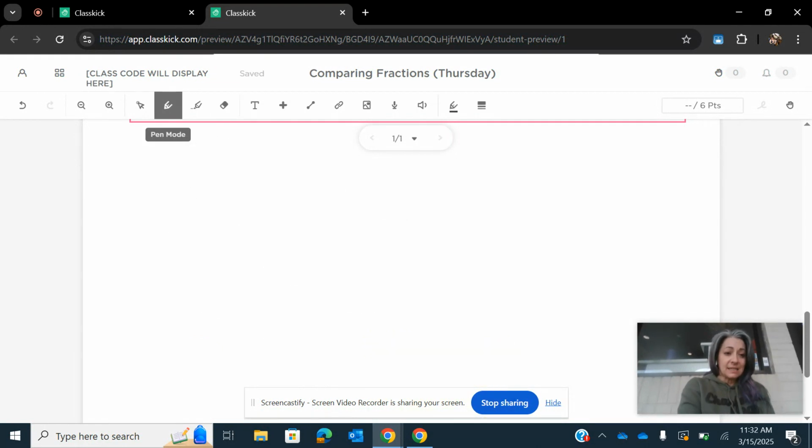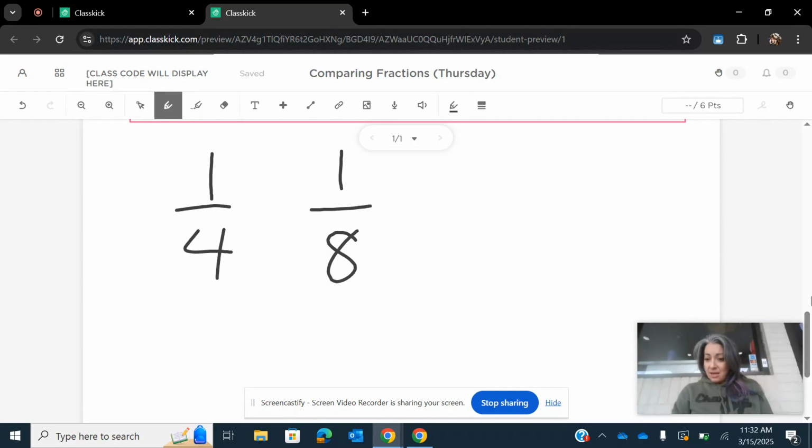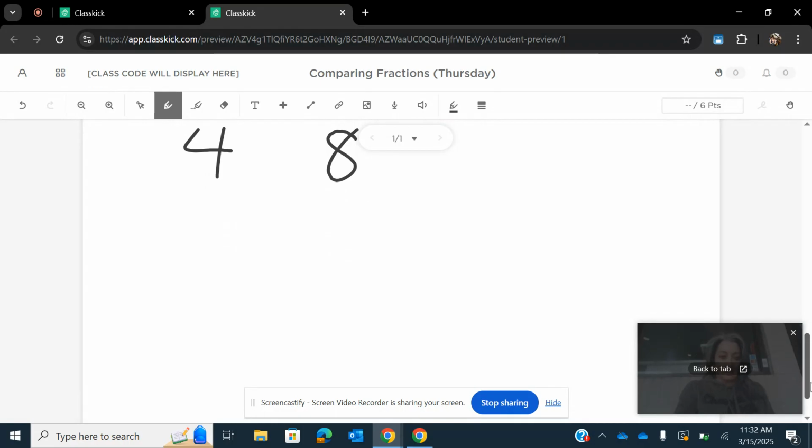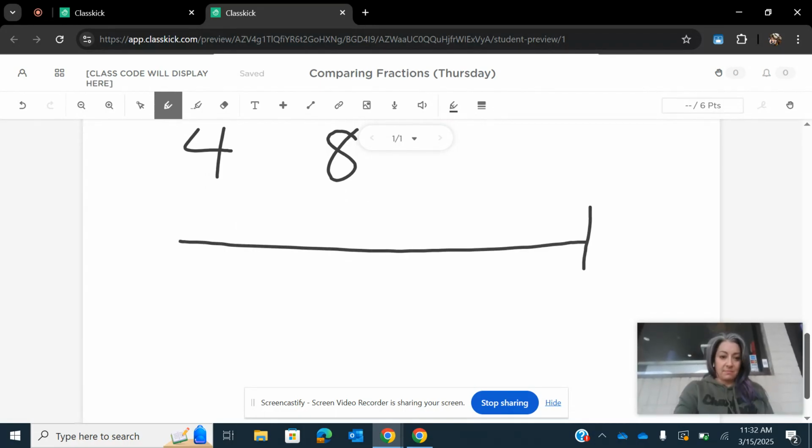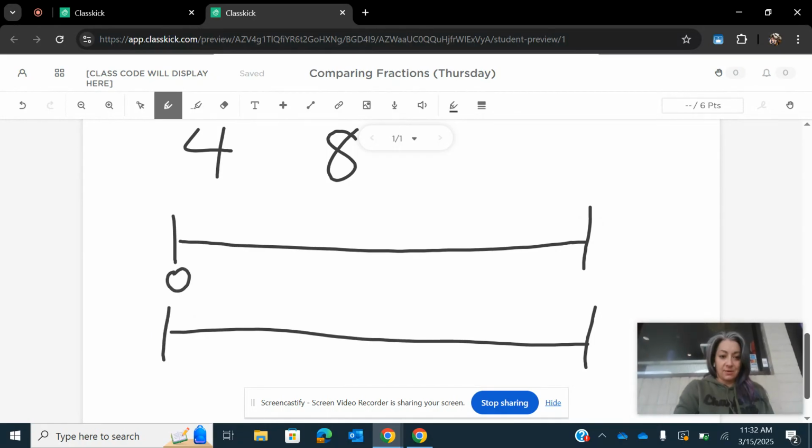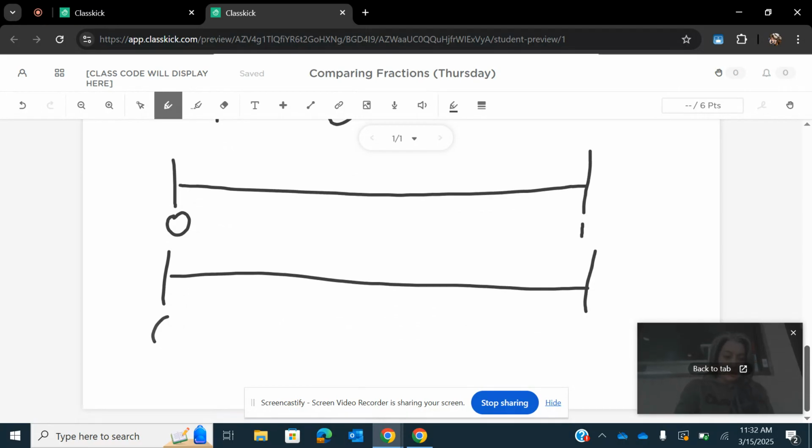Let's look at 1/4 and 1/8, okay? If I'm looking at this with number lines, what I want to do is draw 2 number lines that are exactly the same size. This is 0, this is 1. This is 0, this is 1.